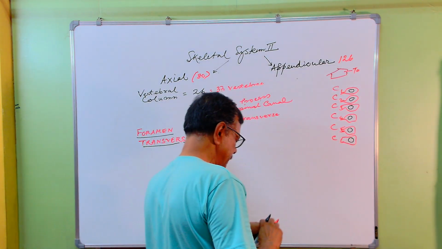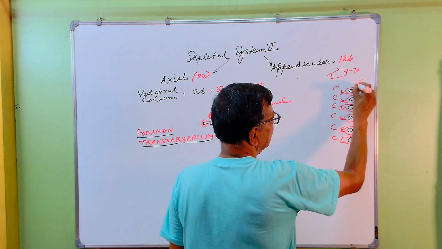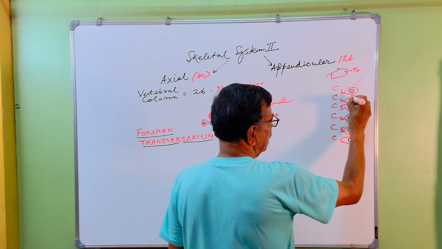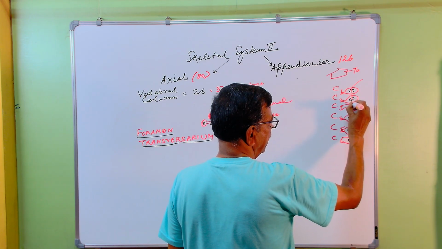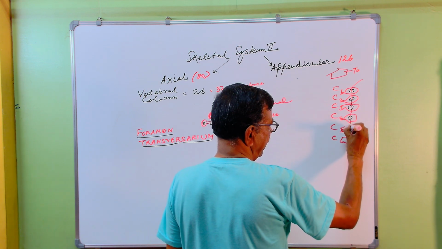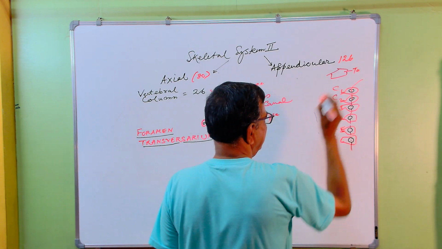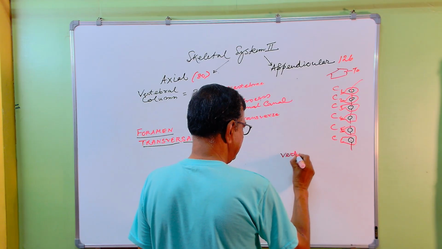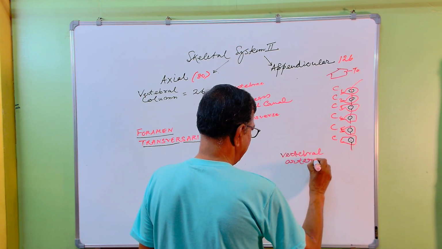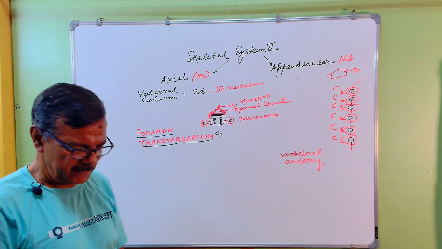From here, the vertebral artery goes down, through it on this side and that side.